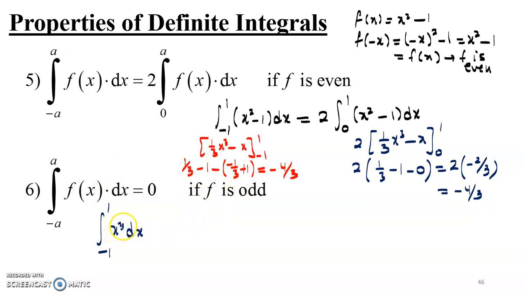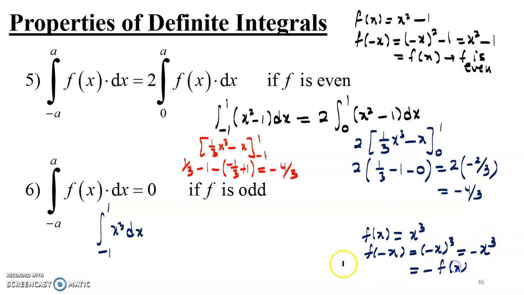Now f(x) equals x cubed. That is an odd function because f(negative x) is negative x all cubed, which is negative x cubed, so that is negative f(x).